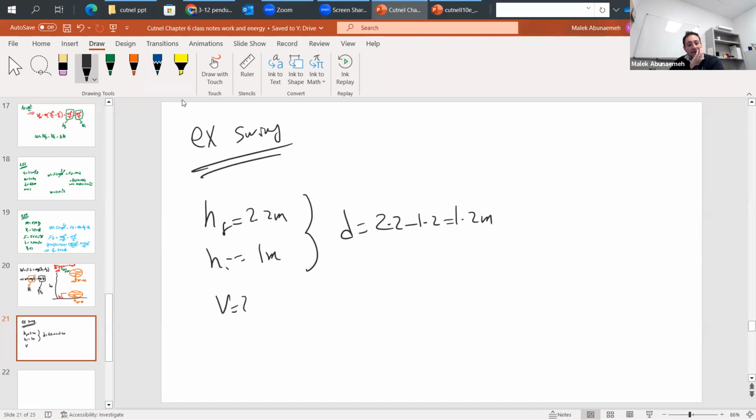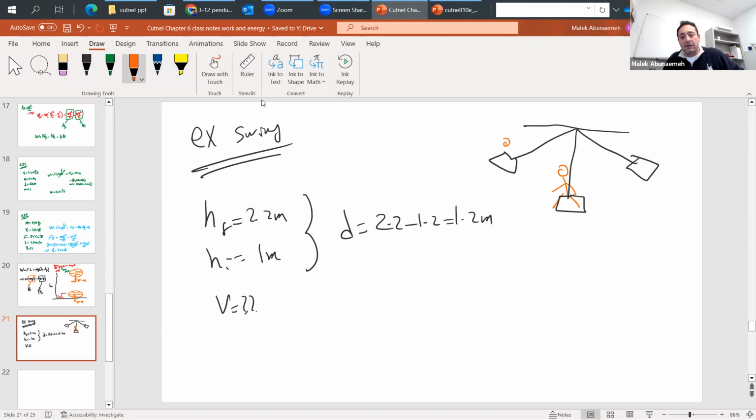And we're looking for your velocity. Now, let's say this is the swing over here, and the girl is right on it, sitting on the swing. The swing is like a pendulum, so it's going to go back and forth. Right over here where the girl is, she's going to be over here, and then she's sitting right down over there. So it's going back and forth. Let's say this is the floor. So if this was 2.2, this is going to be your 1 meter.